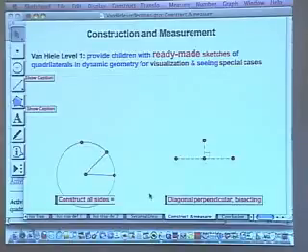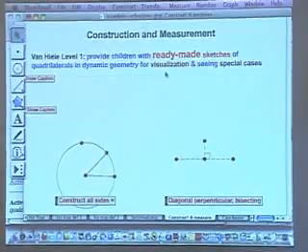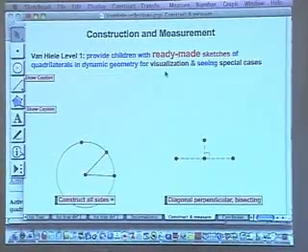My suggestion would be at Van Hiele 1 to provide students with ready-made sketches of quadrilaterals in dynamic geometry for visualization and seeing special cases. Of course, this is not to replace the concrete quadrilaterals that they can work with, but it is to supplement it.